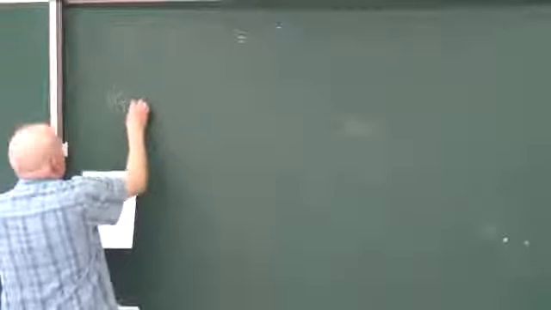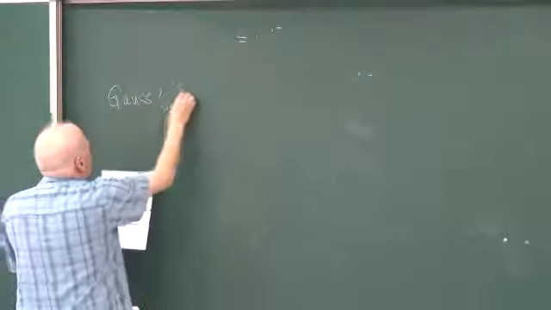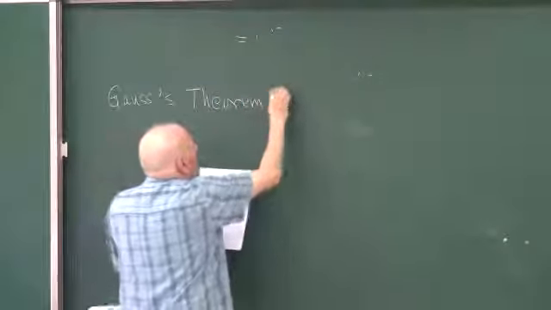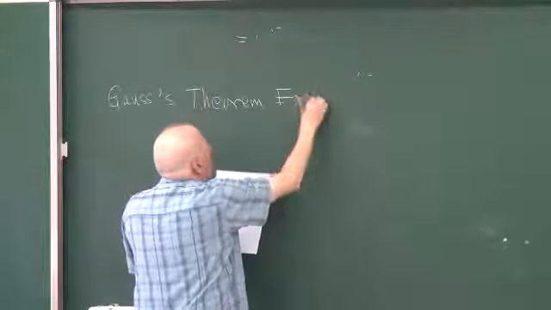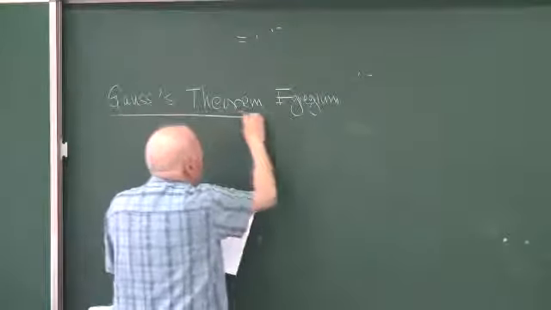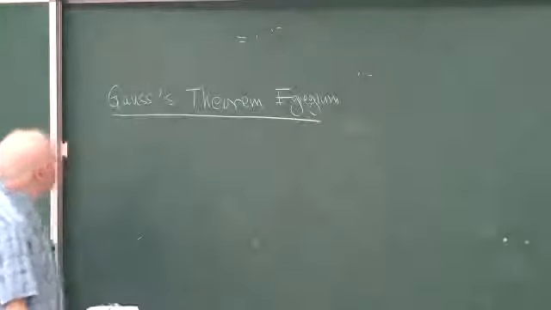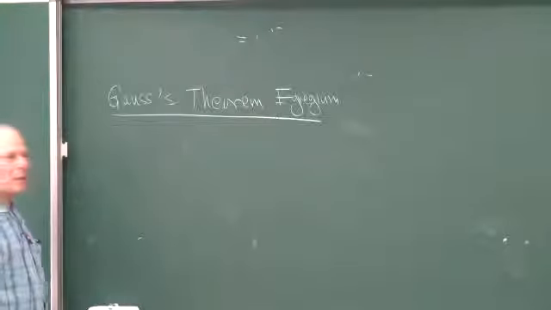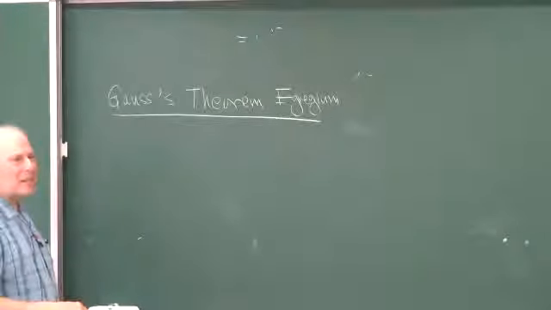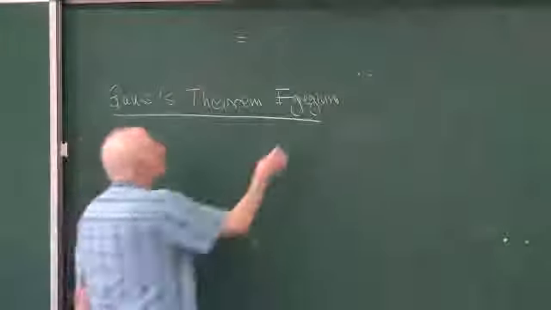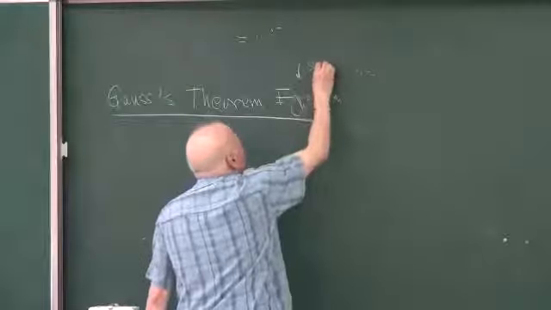Okay, so this is the famous Gauss's theorem egregium. I don't know what the Korean translation is, but the English translation is somehow surprising, for lack of a better word.